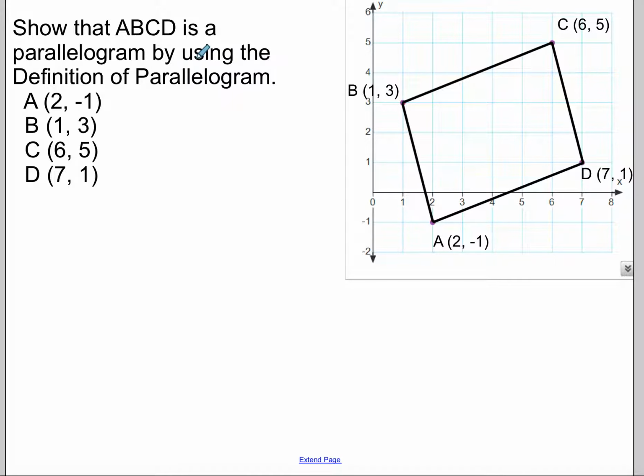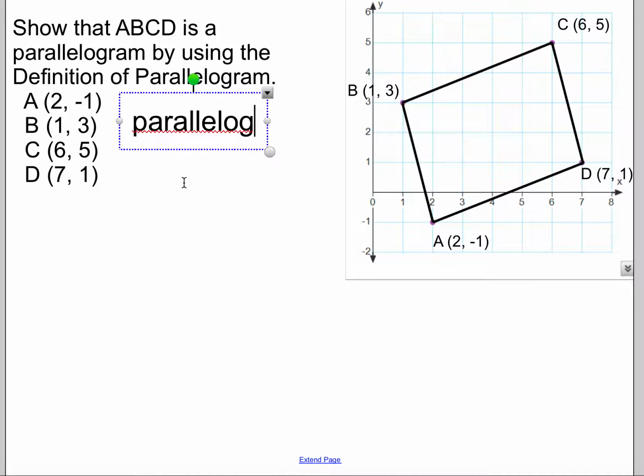Well, if you remember, the definition of a parallelogram is that it's a quadrilateral that has two pairs of opposite sides being congruent. And actually, I'm just going to type that out.